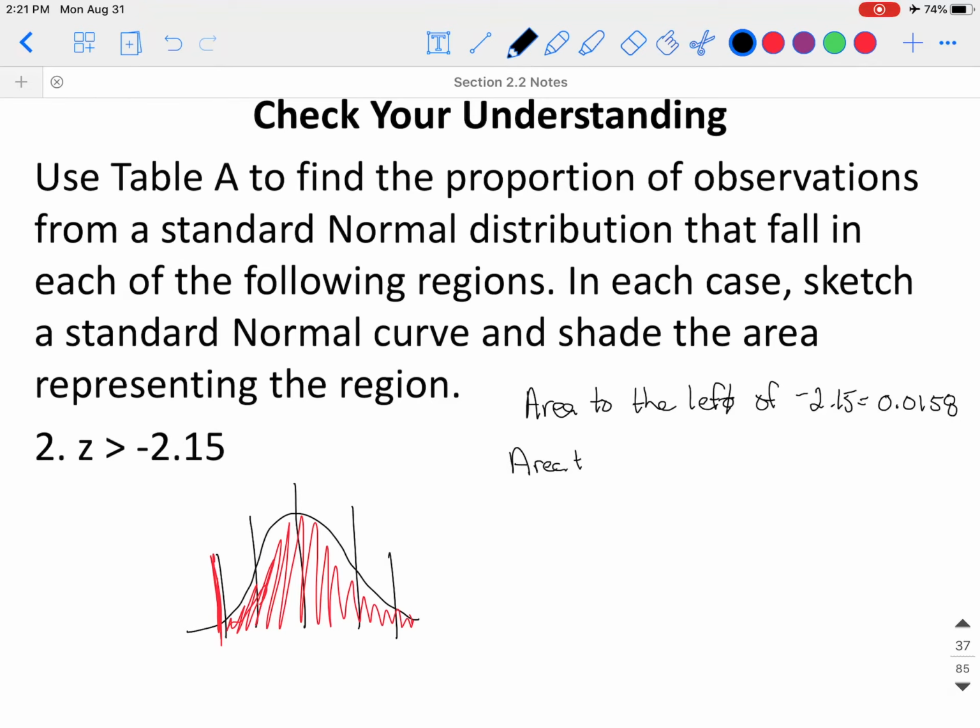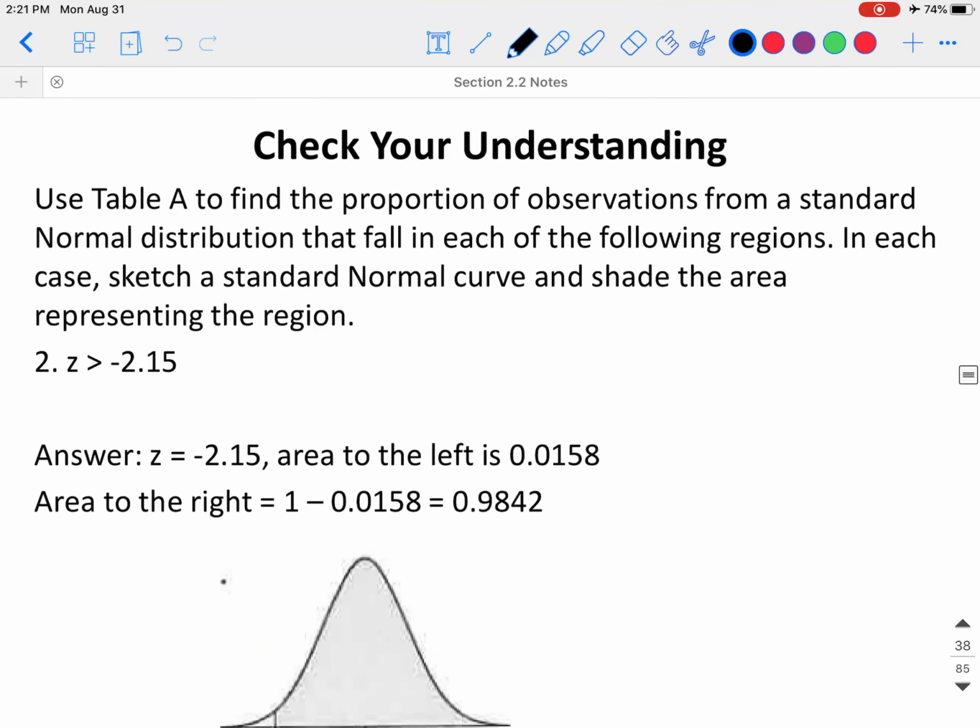To find the area to the right, you're just going to do 1 minus the area to the left, and that should give you 0.9842, or about 98.42% of the observations will be greater than a z-value of -2.15.